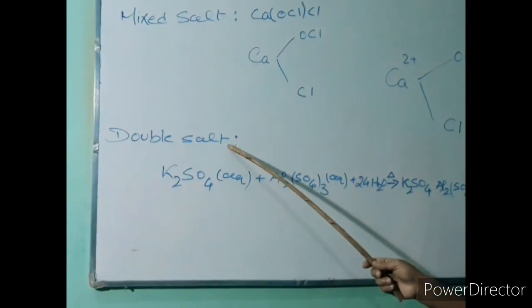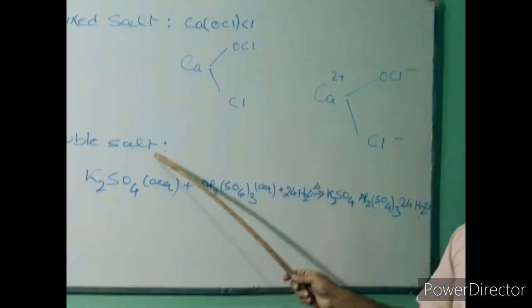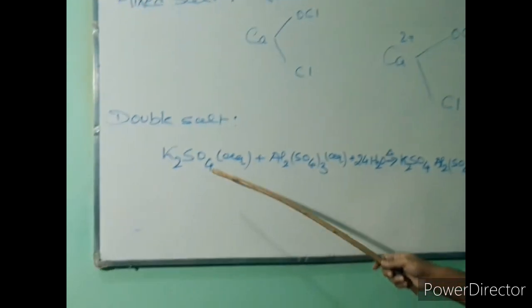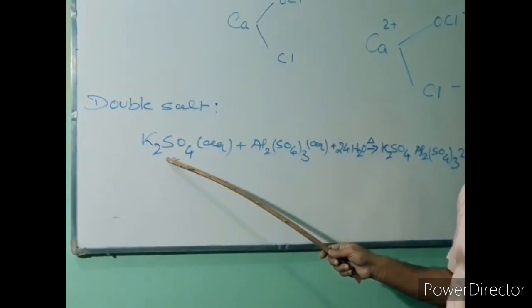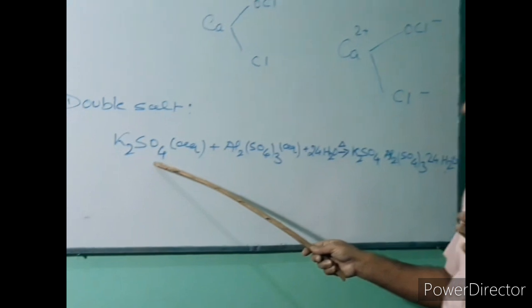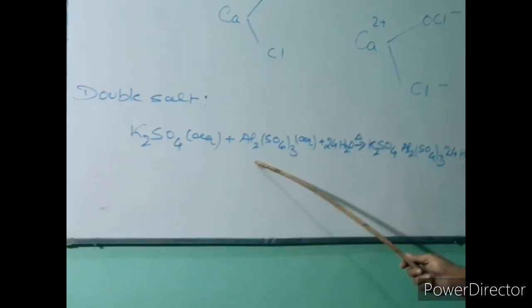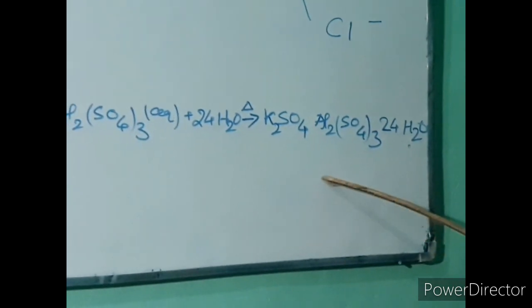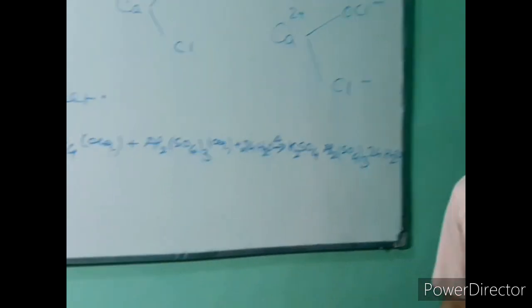Now come to the double salt. You take an equimolar ratio of saturated aqueous solutions of potassium sulfate and aluminum sulfate and follow the evaporation process. The resulting salt so formed is called a double salt. So what is a double salt?